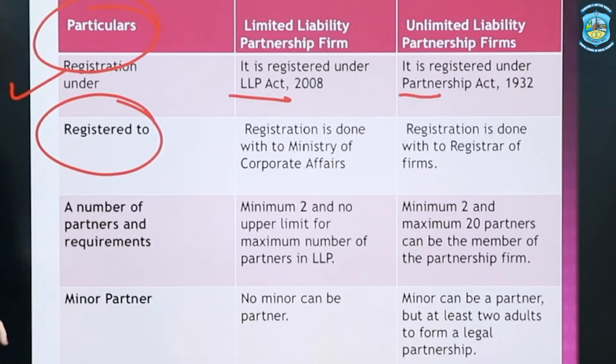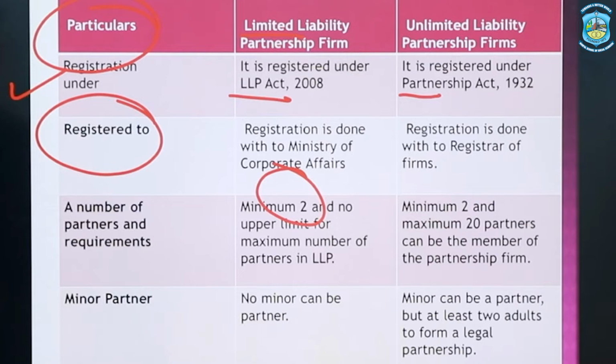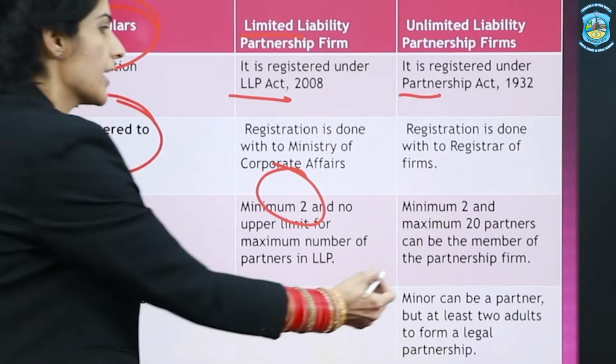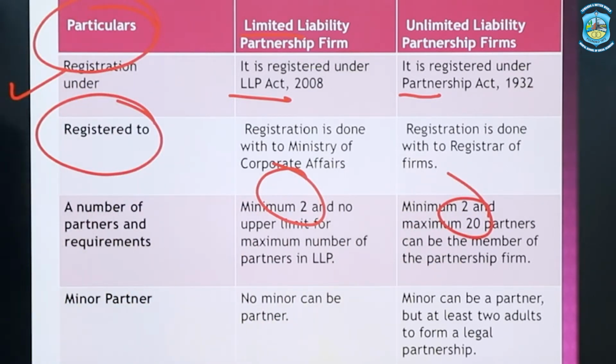For the limited liability partnership firm, the minimum number of partners is 2, but there is no upper limit. That is, there can be as many members as needed, there is no restriction. For the unlimited liability partnership, the minimum is 2, but the maximum is 20.